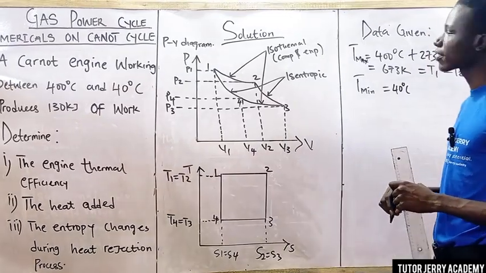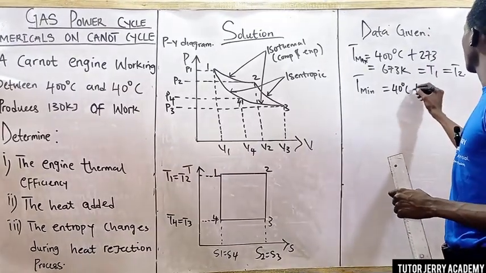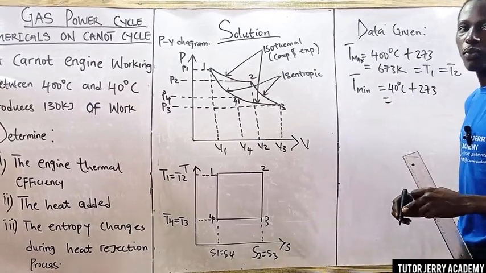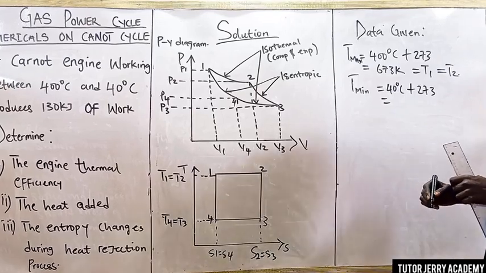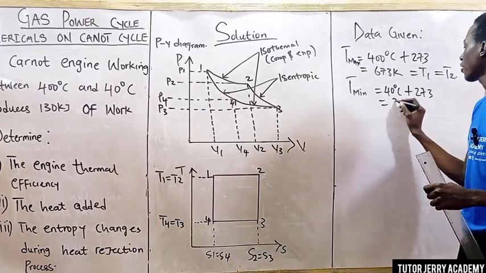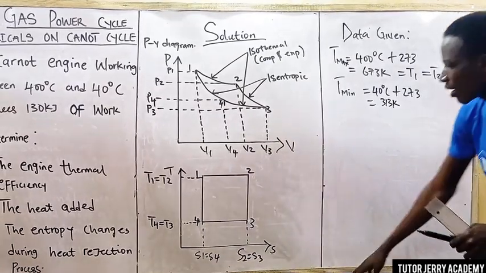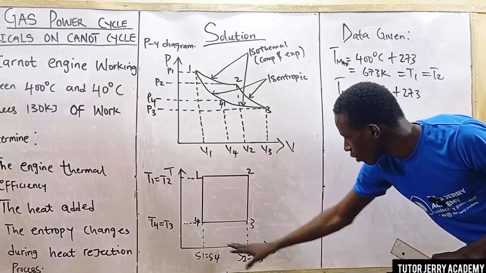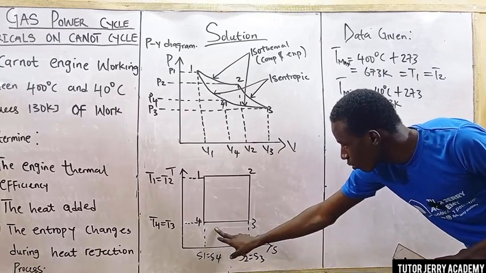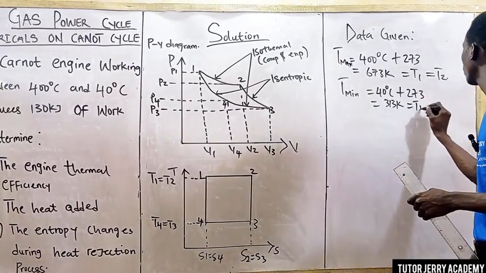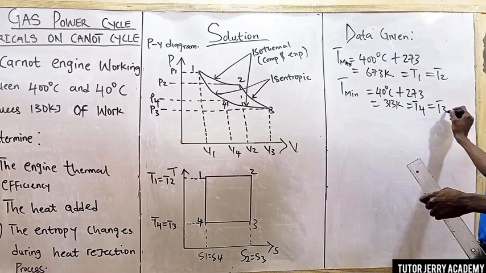If I convert 40 degrees Celsius to Kelvin, it will be nothing but 313 Kelvin. And you can see here my minimum temperature can be T3, it can be T4, where T4 is equal to T3.